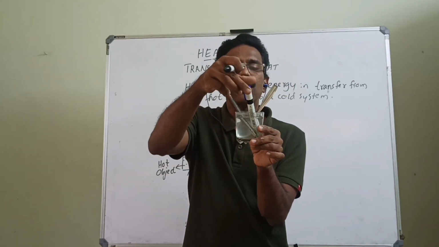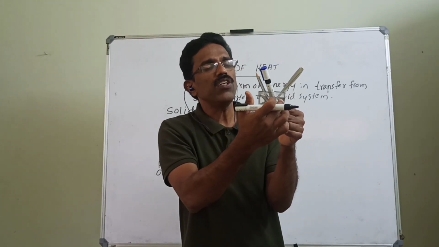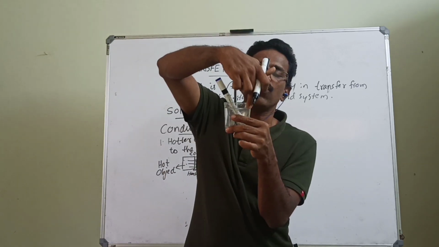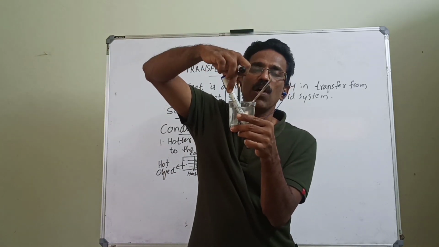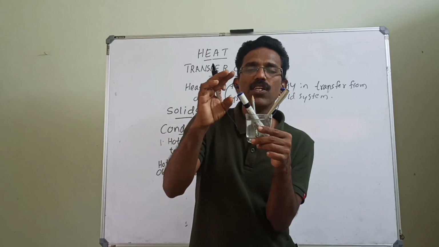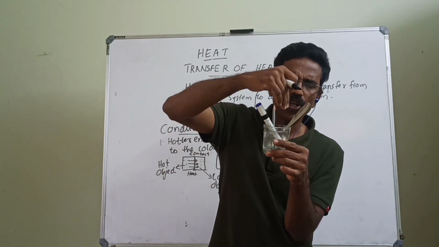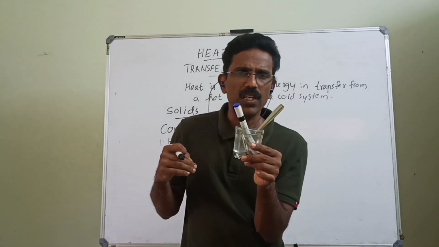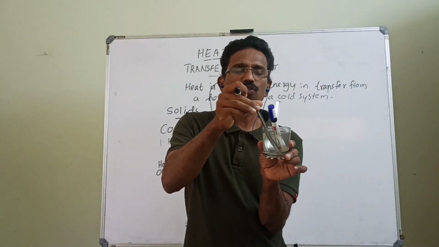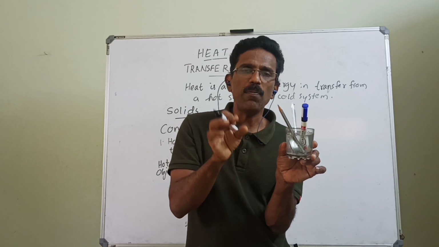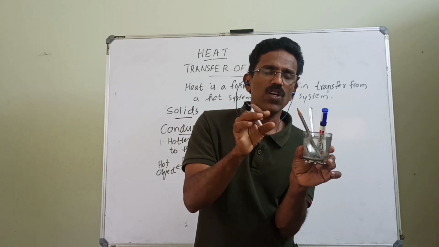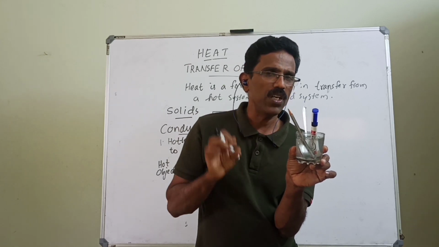But in the case of the plastic object, the heat is not flowing from this end to the other end, because plastic materials do not allow heat to pass through them easily. Wood is also not a material that allows heat to pass through easily.